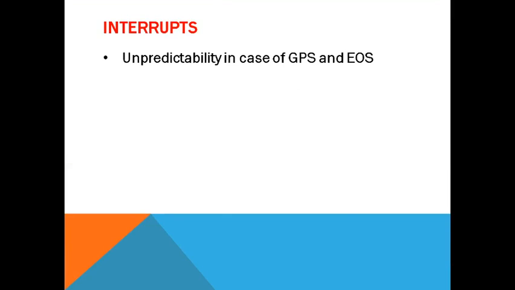Another important thing in the real-time operating system is interrupts, because with the help of interrupts we can easily differentiate our normal embedded system, or the general-purpose operating system, from the normal real-time operating system. So it is also a very important factor.